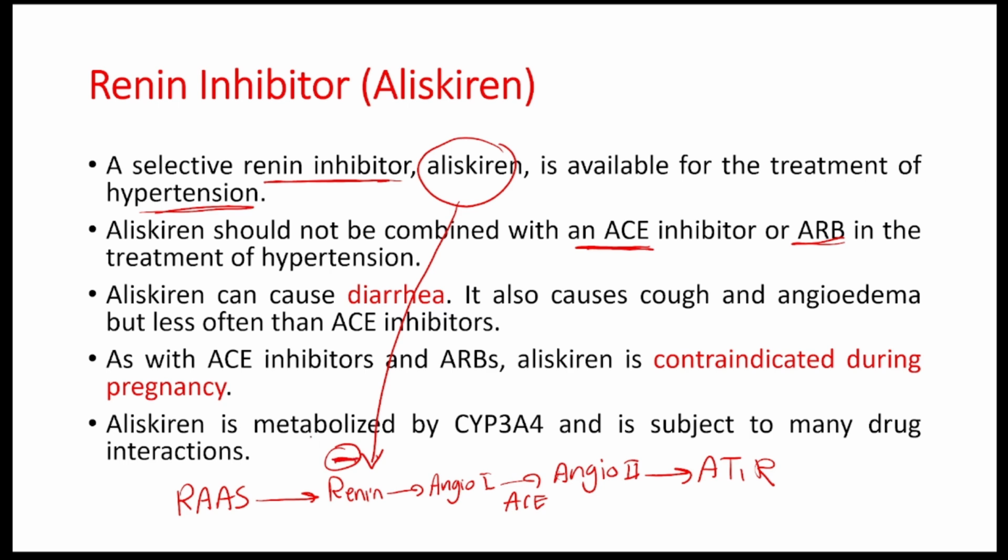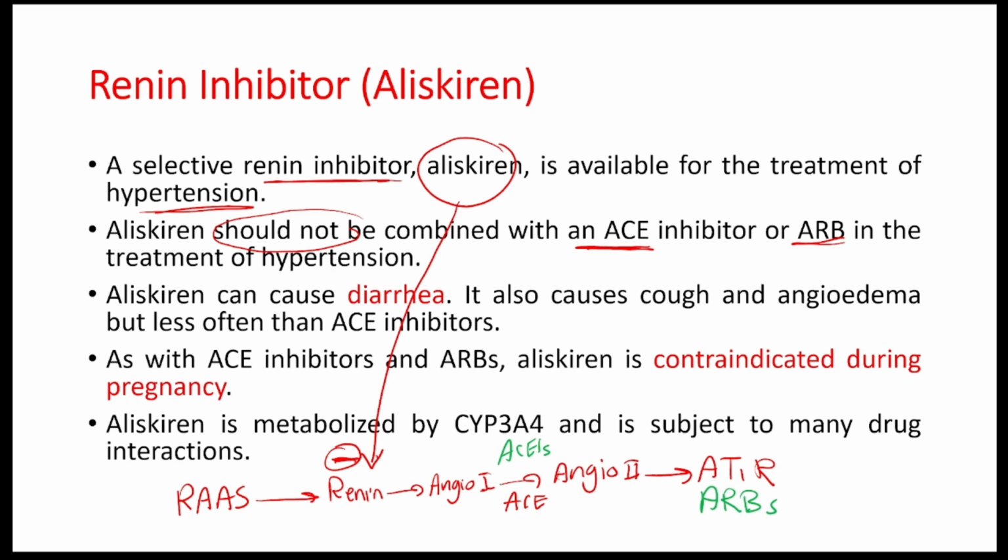Okay, so the situation here, they said we should not combine with the ACE inhibitors. So we don't recommend to use it, for example, with the ACE inhibitor or with ARBs. Why?